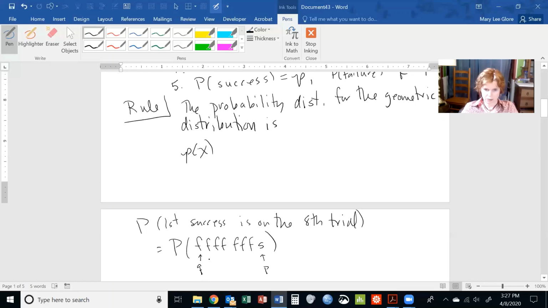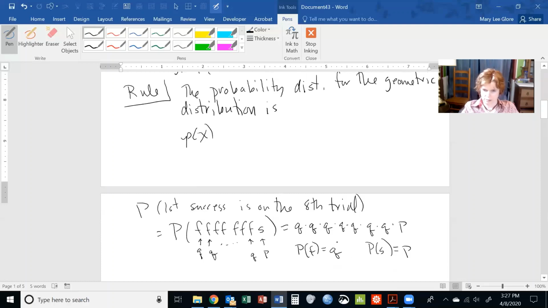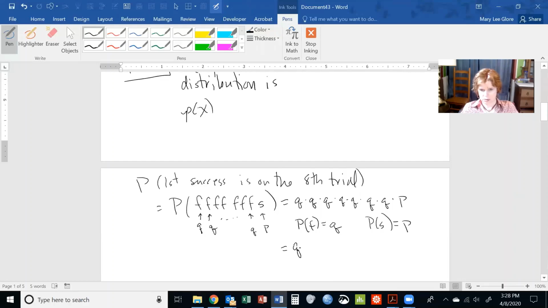Since these are independent and my probabilities are fixed, each failure has probability Q. The probability of a failure in each trial is Q, and the probability of success in each trial is P. Since these are independent, and I want the probability of a failure and a failure and a failure, we're going to use the multiplication rule, which says the probability of A and B is the probability of A times the probability of B given A. So this is going to be Q times Q times Q, seven times, and then P, which is Q to the 7 times P.